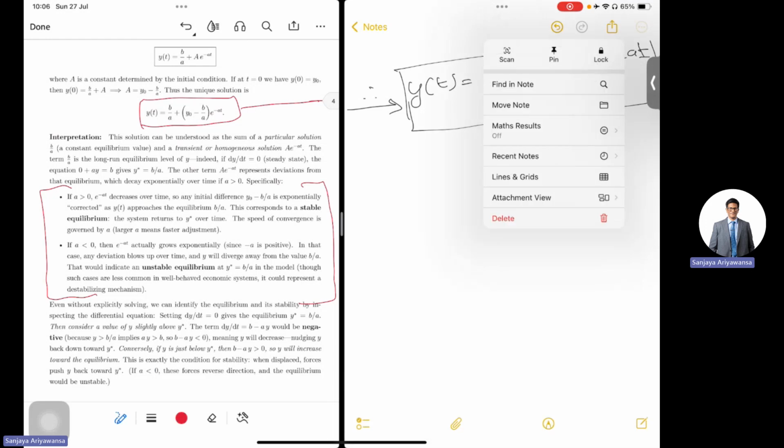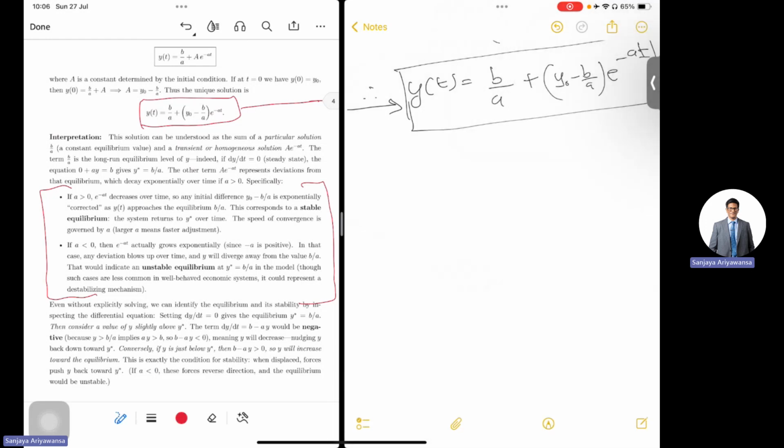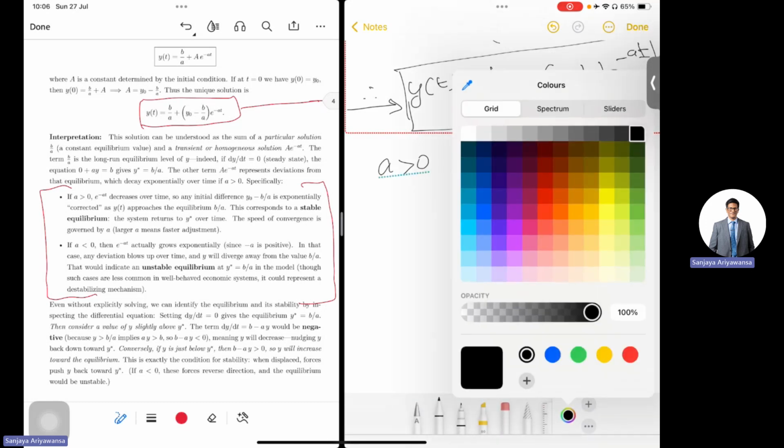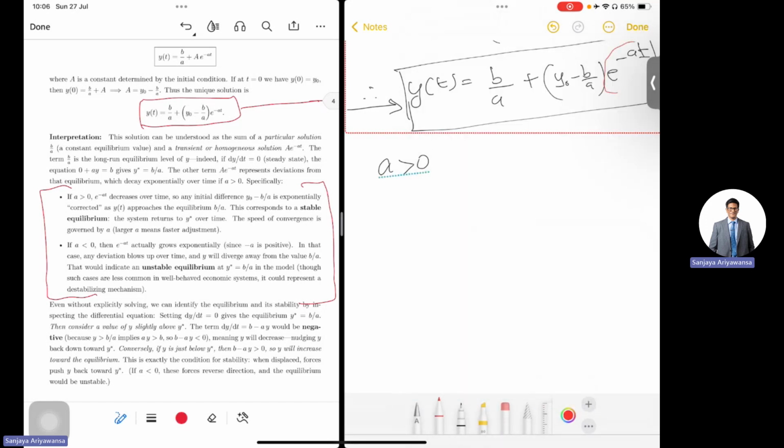So what is it saying? If a is greater than 0, I'm only interested in this term over here. What would happen to e to the power minus at if a is greater than 0? This term is in the form of e to the power, let's say, minus x, if a is positive.